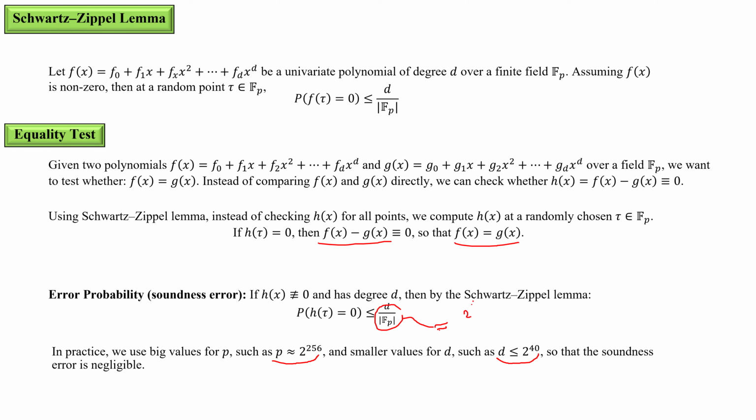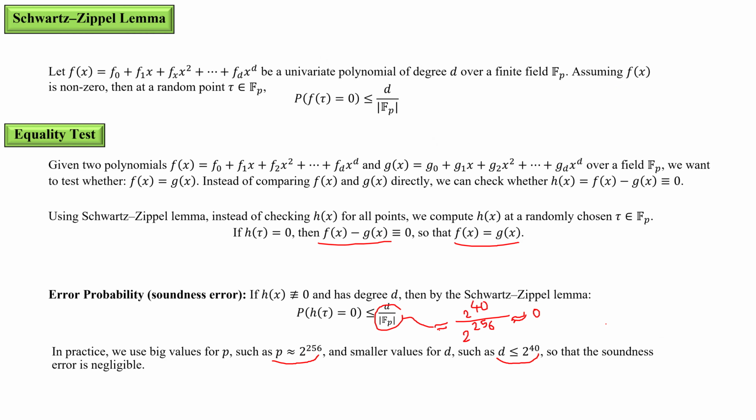So this value in practice is around 2 to the power of 40 over 2 to the power of 256, and this is a very, very small value. It could be almost 0, right?